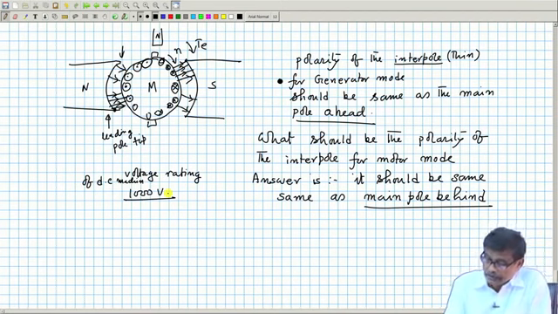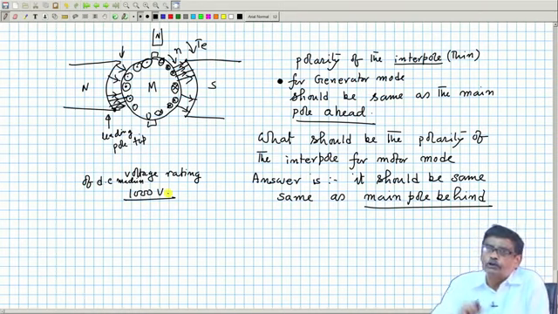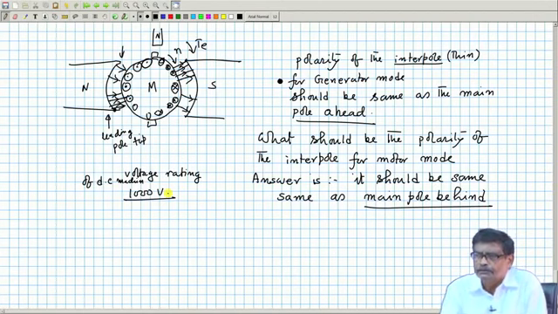Why? Because at that high voltage, the commutation problem will be severe. You cannot do anything with this. That is why, for example, Kolkata Metro uses DC motors. Supply voltage is how much? 750 volt or 800 volt maximum, is it not.